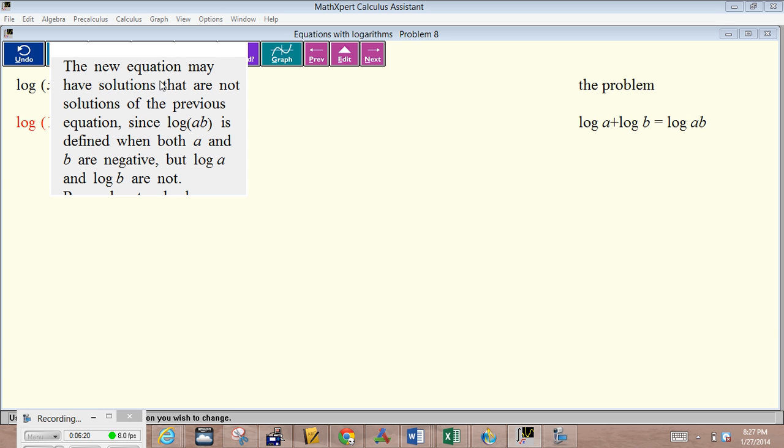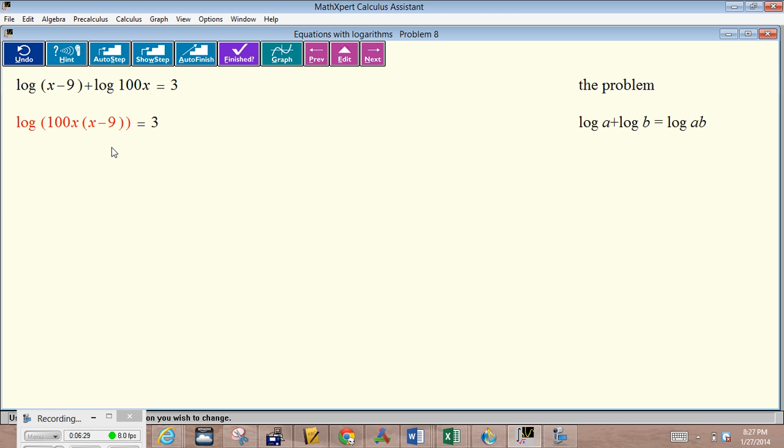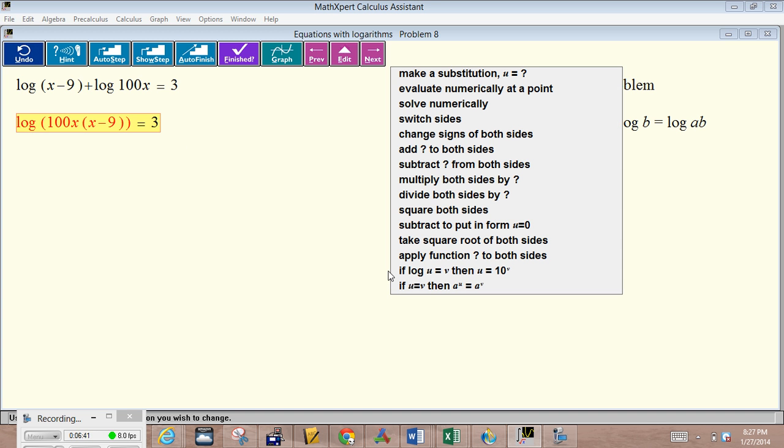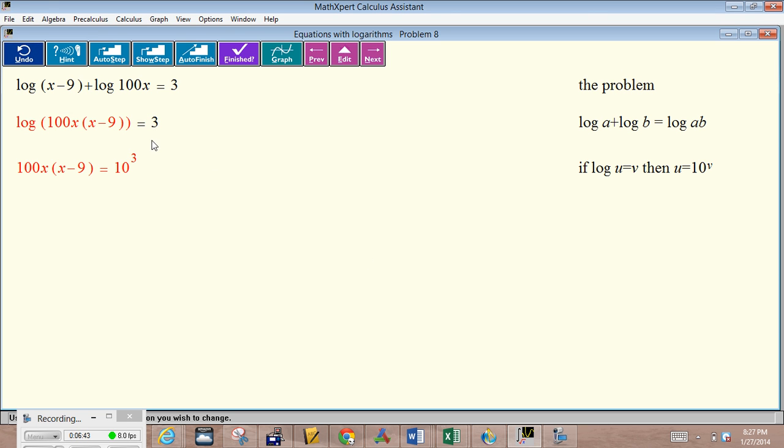It tells me the new equation may have solutions that are going to result in an undefined situation, so I want to bear that in mind. At this point, I'm going to get it out of the log form, and essentially that gives us this. I hope you would agree to that, right?